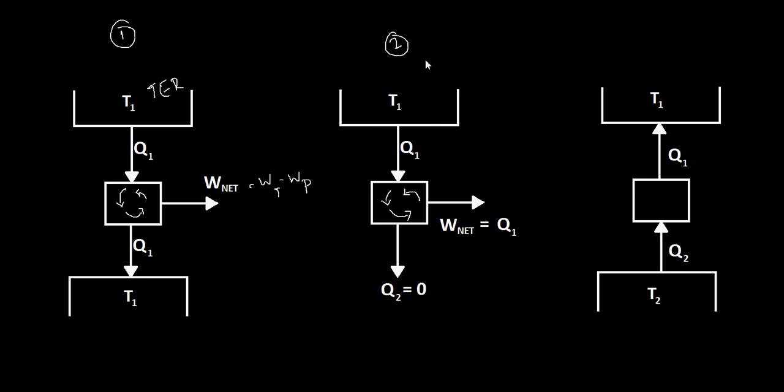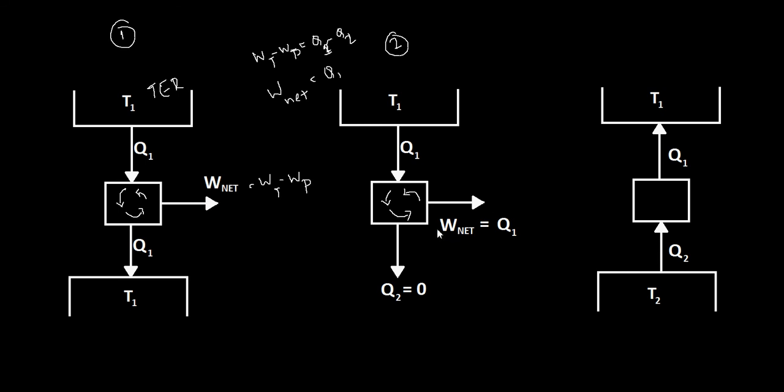If you remember, in the previous video I derived that WT minus WP is equal to Q1 minus Q2 in an ideal case. So if you have no heat rejection, then WT minus WP, or your network, is equal to Q1, and that's what's shown here.